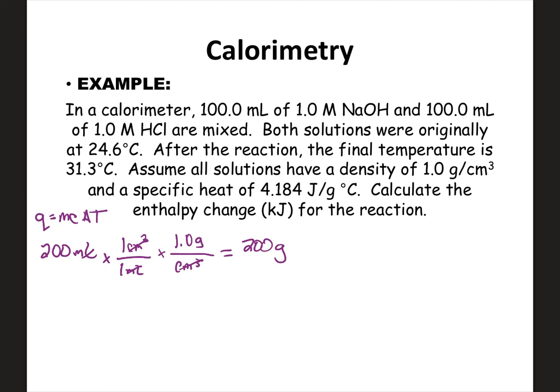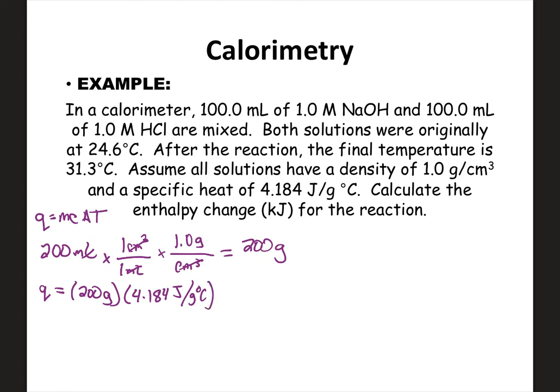So now we can plug in here. Q is going to be equal to the mass, which we said is 200 grams. Watch your unit on the mass. Obviously, it needs to match the mass units involved with your specific heat. So now we're at C, which is the specific heat. The problem tells us to use 4.184 joules per gram degrees Celsius here.